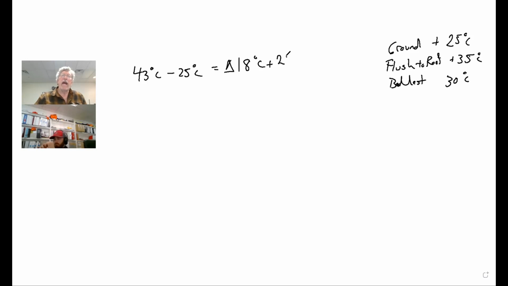So now I need to add 25 degrees Celsius, and now it's going to be 18 plus 25. So 43 degrees. So it's possible on that ground mounted system that the temperature of the panel will be 43 degrees more than standard test conditions, which is 25 degrees. And that's what all our measurements are at. So with this, we want to err on the side of what it's operating at, not VOC.